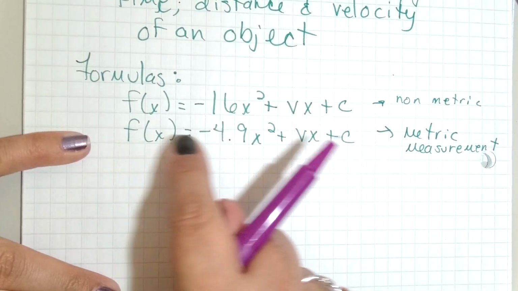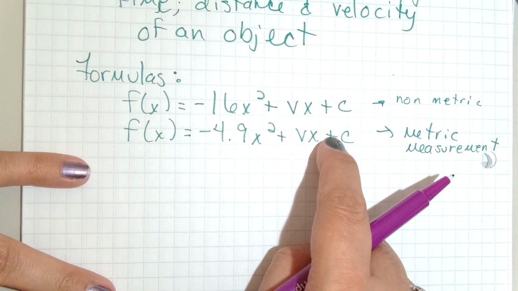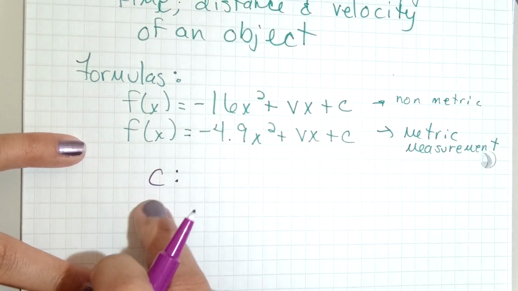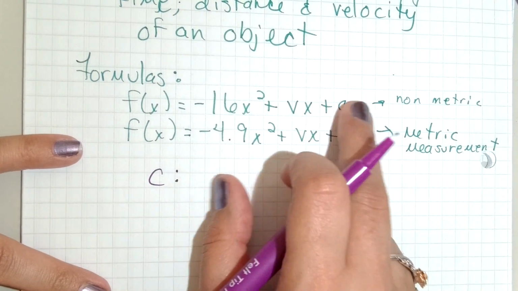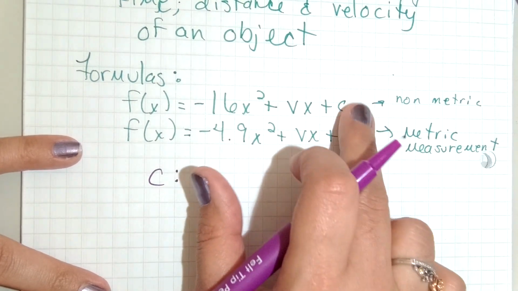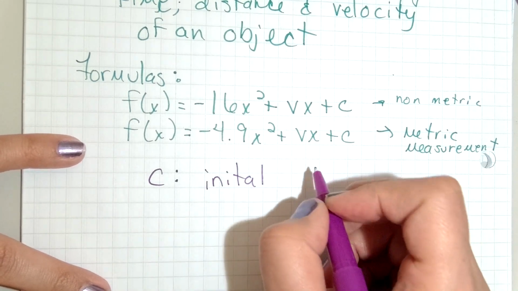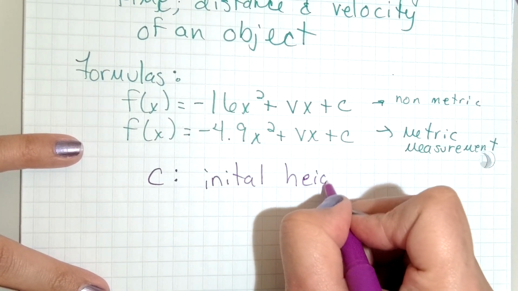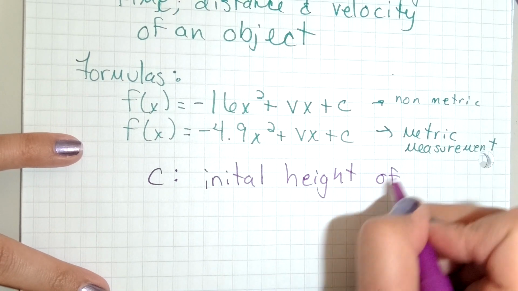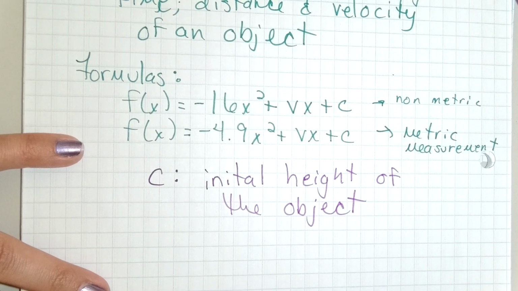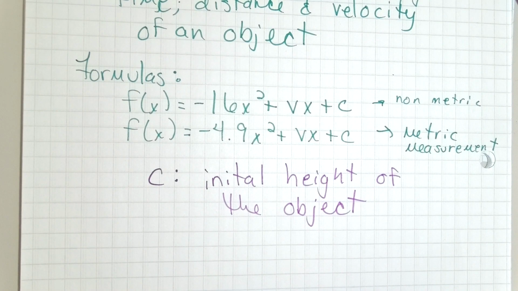In these formulas, we have different parts that mean specific things. When you have some kind of number for c, this is the initial height of the object.